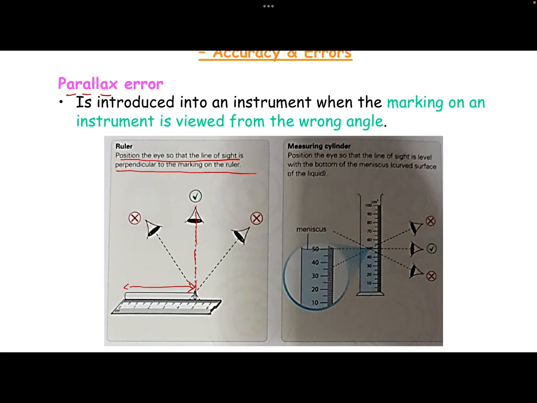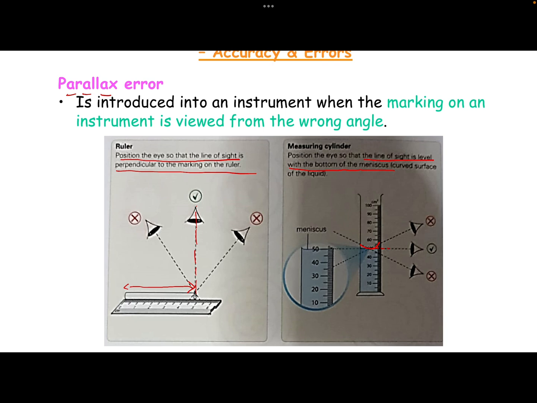So for the measuring cylinder, the one showing here, the liquid is actually inside the measuring cylinder. So how do we read the volume accurately? We should position our eyes such that the line of sight is level with the bottom of the meniscus. Okay, so you can see the surface a little bit curved.